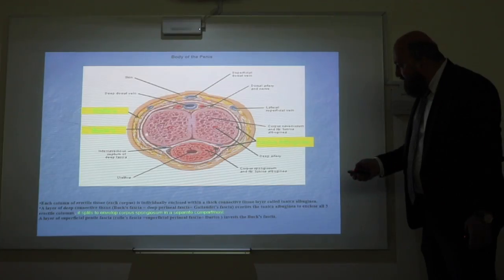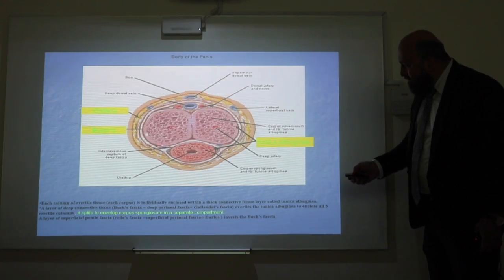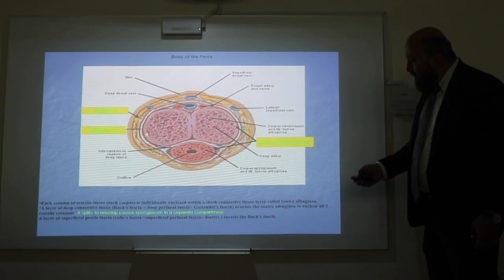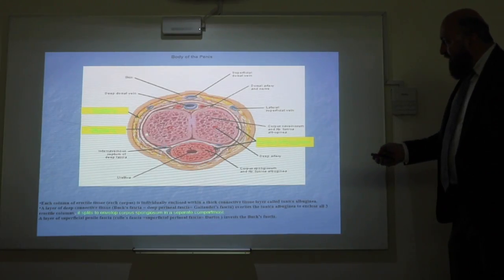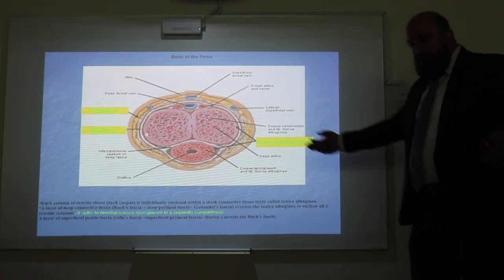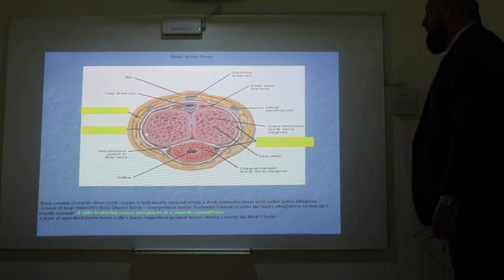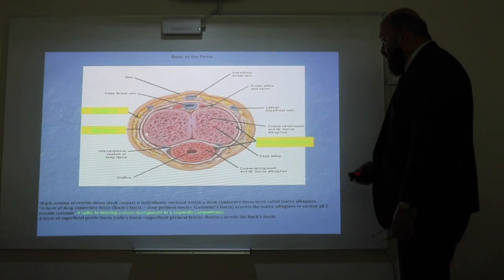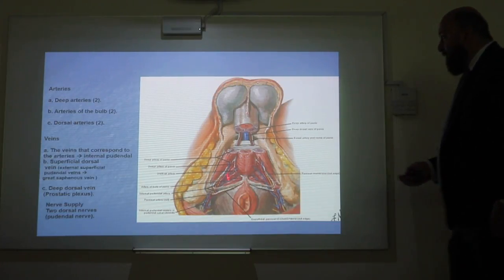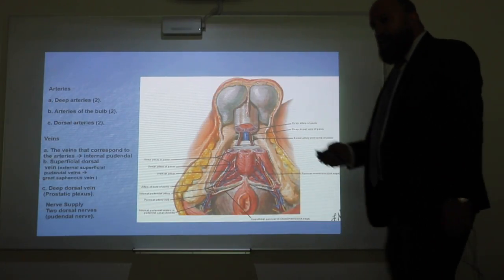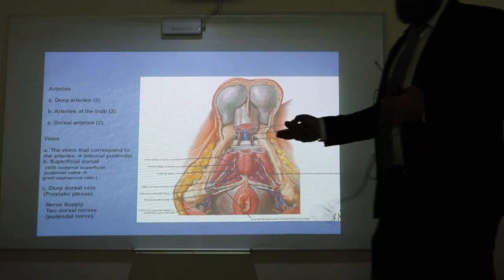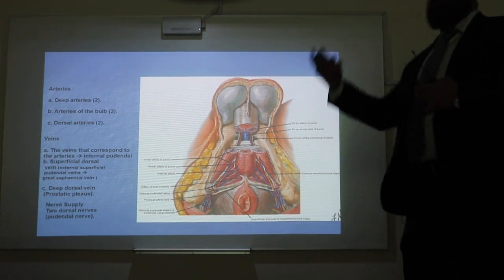And also Buck's fascia will send a separate septum to wrap the corpus spongiosum. Okay? So Buck's fascia is going to wrap all these structures together.